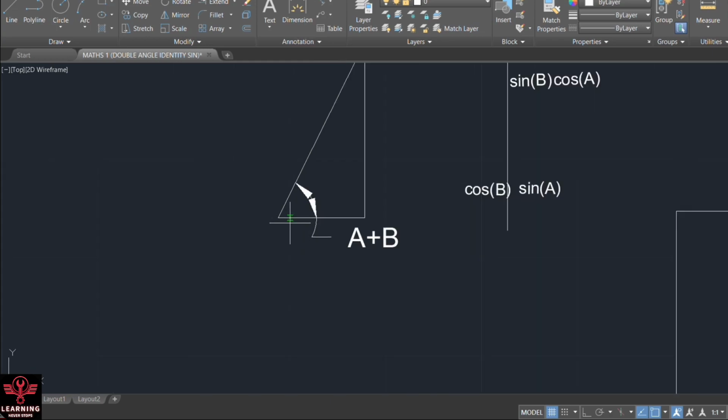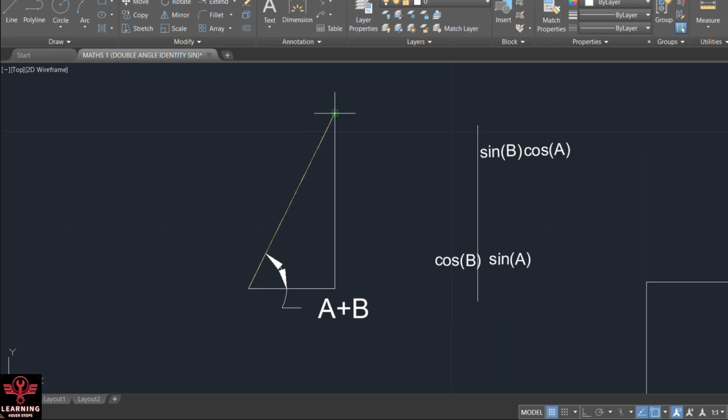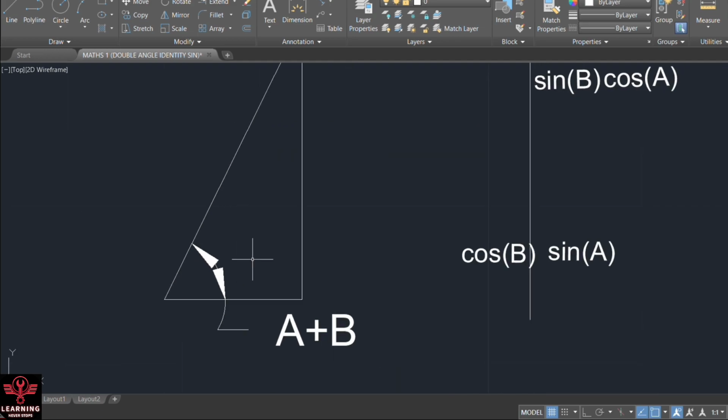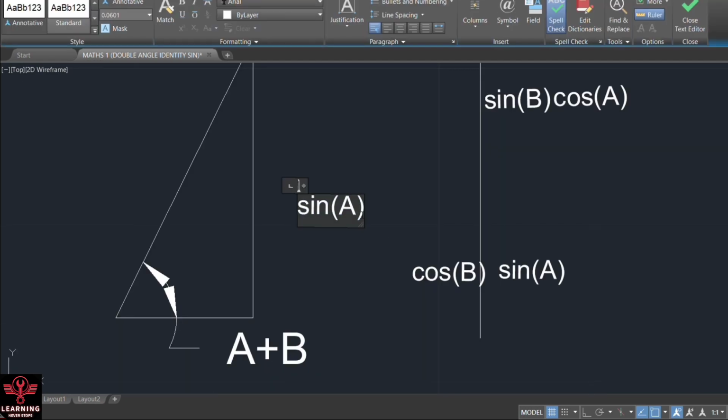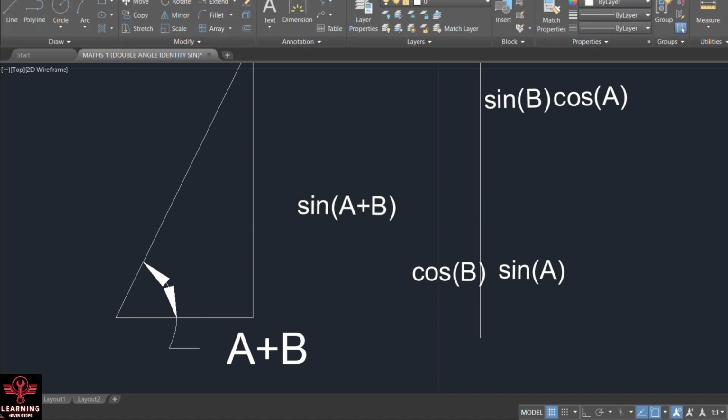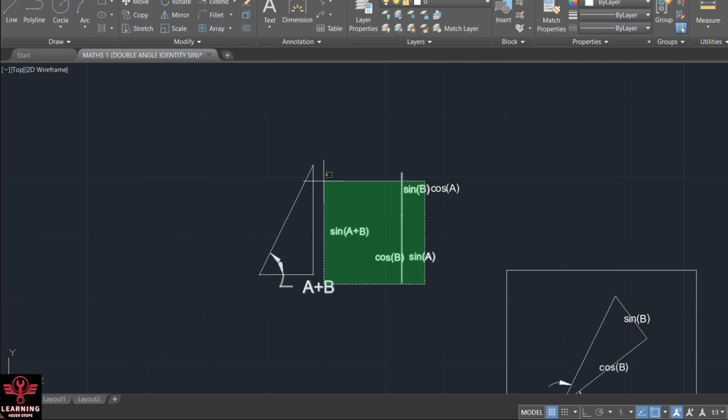And the length of its hypotenuse is equal to the radius of the circle, which is 1 unit. So it is a simple triangle, and the perpendicular of this triangle will become hypotenuse times sine A plus B, and in this case the hypotenuse is 1.